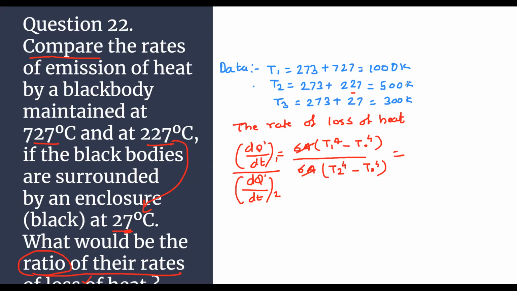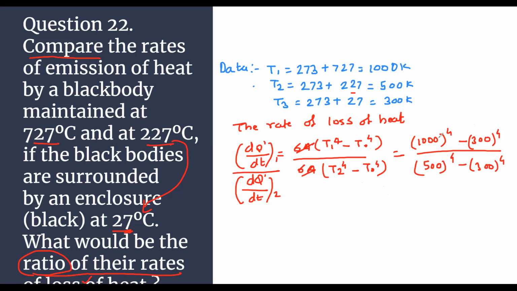T1 is 1000 K, so 1000 raised to 4 minus T0, 300, raised to 4, upon T2, 500 raised to 4 minus 300 raised to 4.